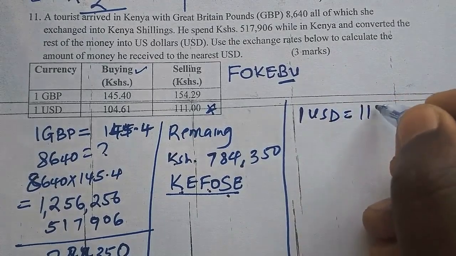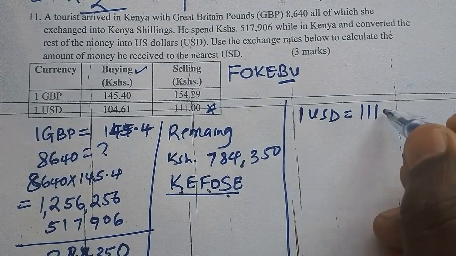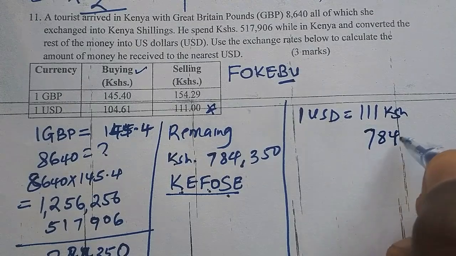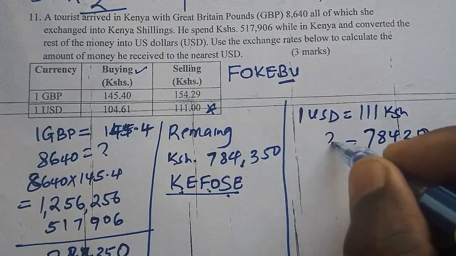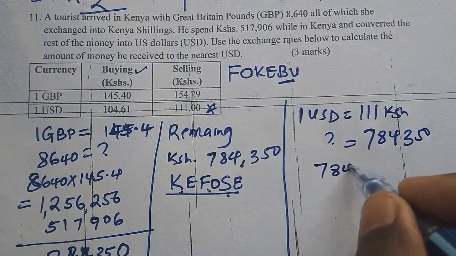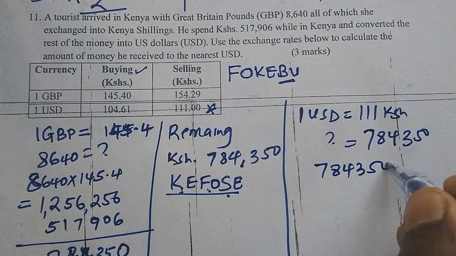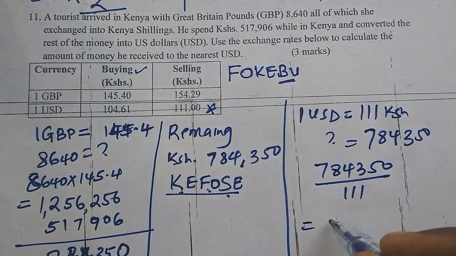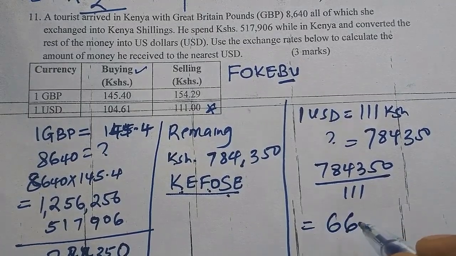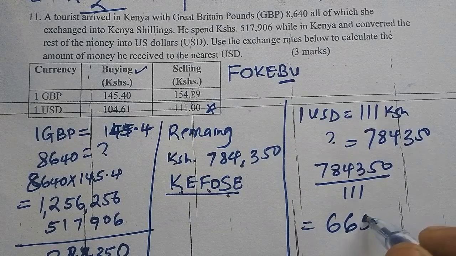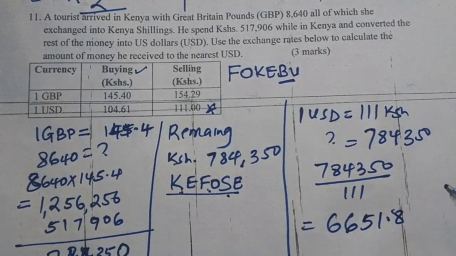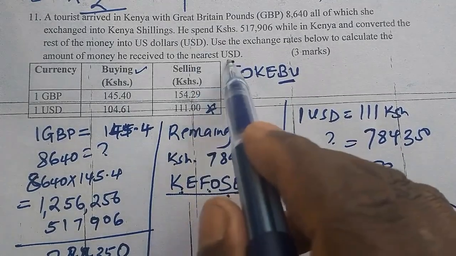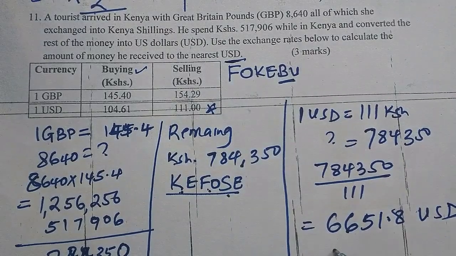What about Kenya shillings 784,350? So that is 784,350 divided by 11, and that one will be 6651.8 USD. They say to the nearest USD you can round off, so this is 6652 USD.